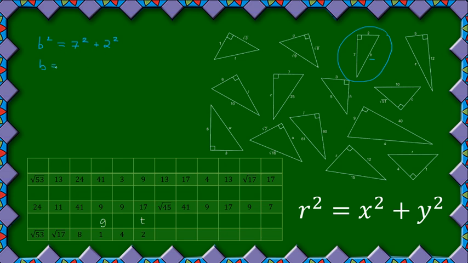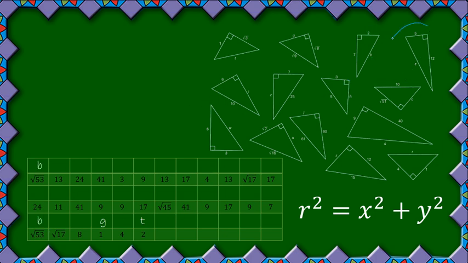So b will then be equal to the square root of, so 7 squared is 49 plus 4, which is then equal to the square root of 53. So where do we see that? So if we've got a 1 over here, and then we've also got 1 over there.